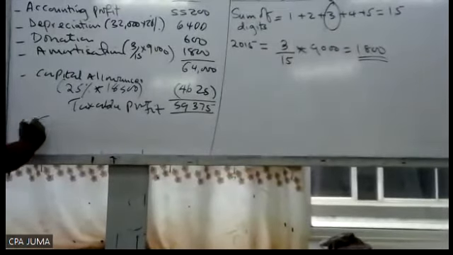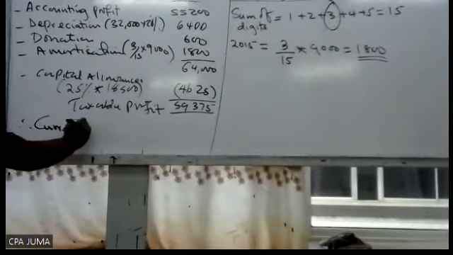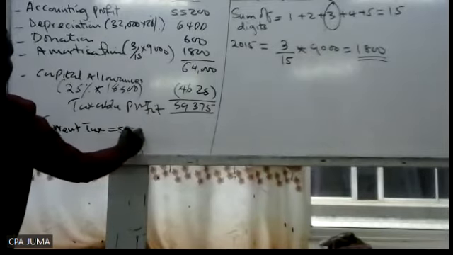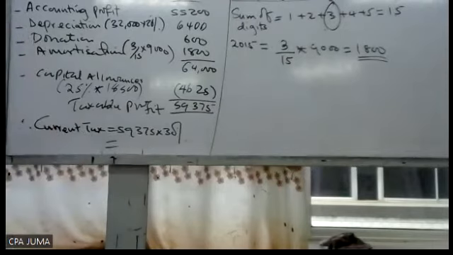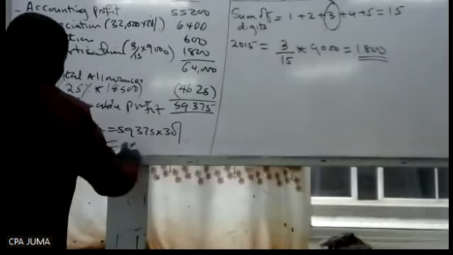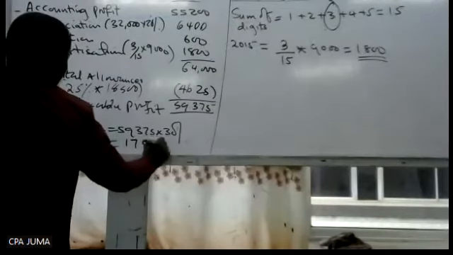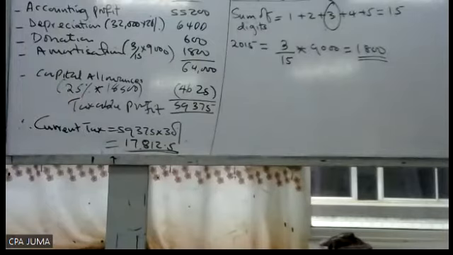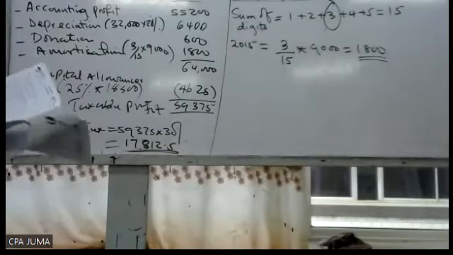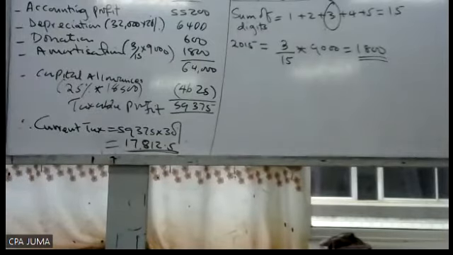Therefore, current tax will be the taxable profit times the tax rate, which is 30%. So how much is the current tax? 17.25. How many marks? 4. So 1, 2, 3, 4, 5, 6, 7, 8.